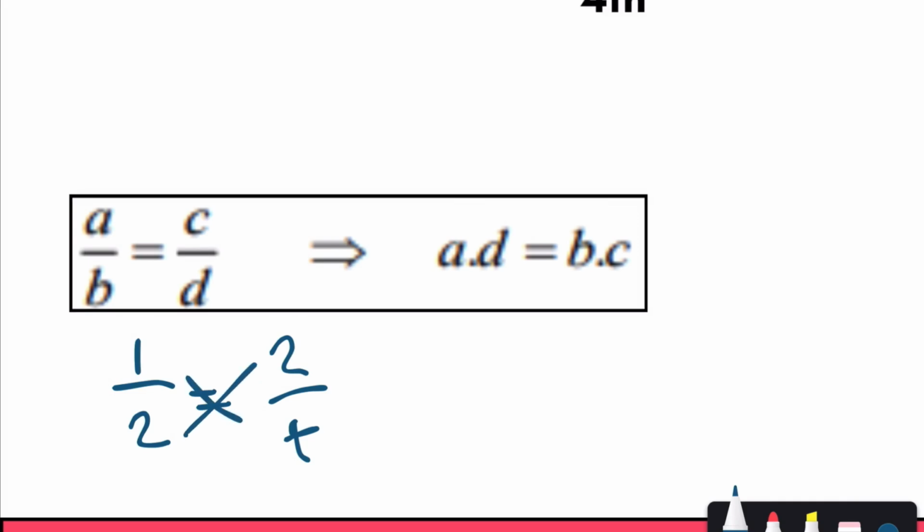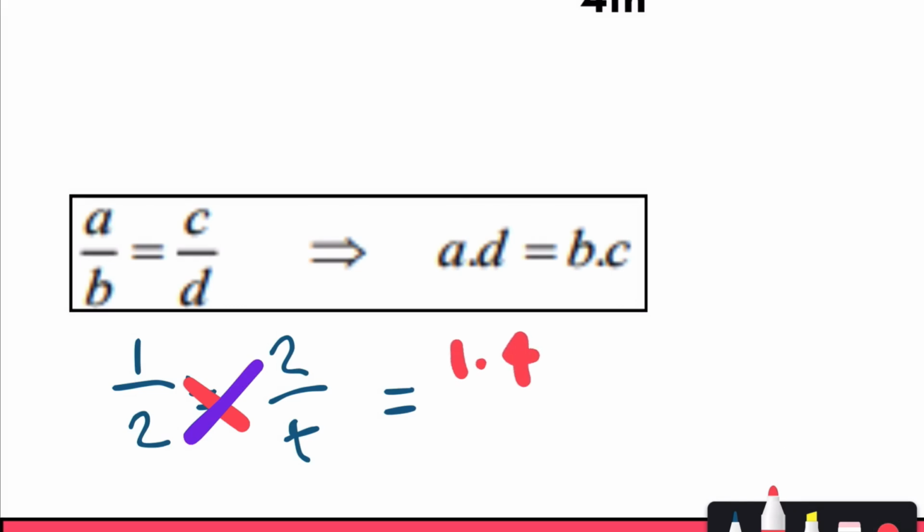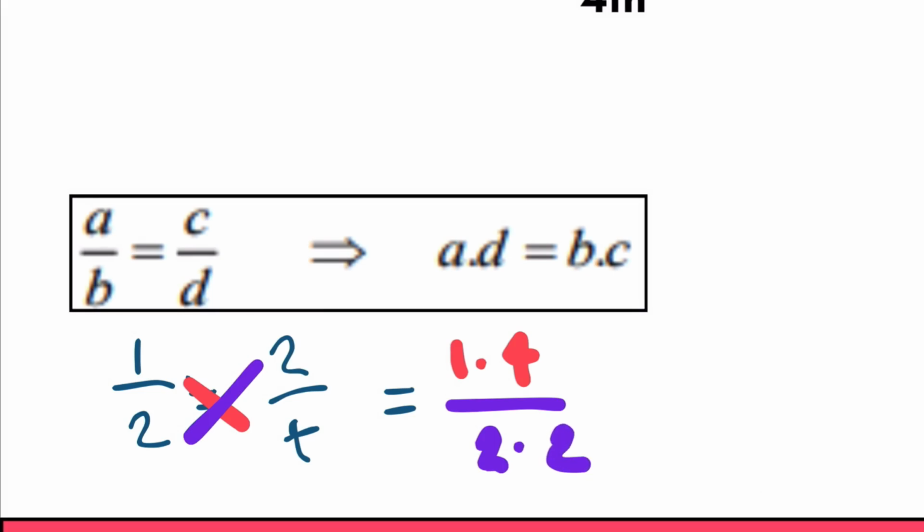So doing the cross multiplication, always and always, okay, these two are extremes and these two are means. Always write the result of the multiplication of extremes in the numerator part. So 1 times 4 and 2 times 2, right?